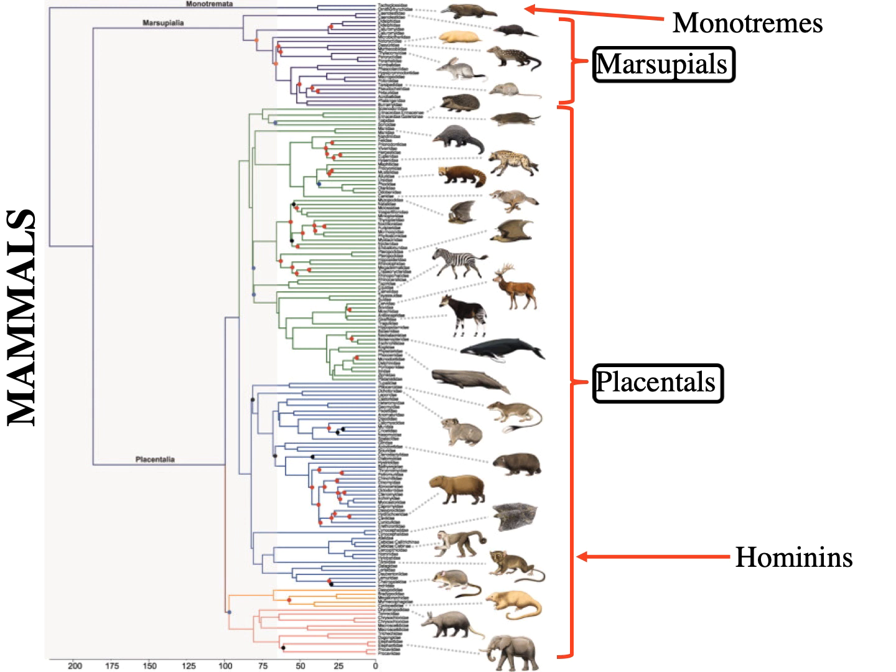The marsupials being ones where a lot of development happens outside of the uterus, and then placentals where you have a uterus where the embryo and fetus are developing for a much longer period of time. And we would be right there within the hominin section of this phylogram.